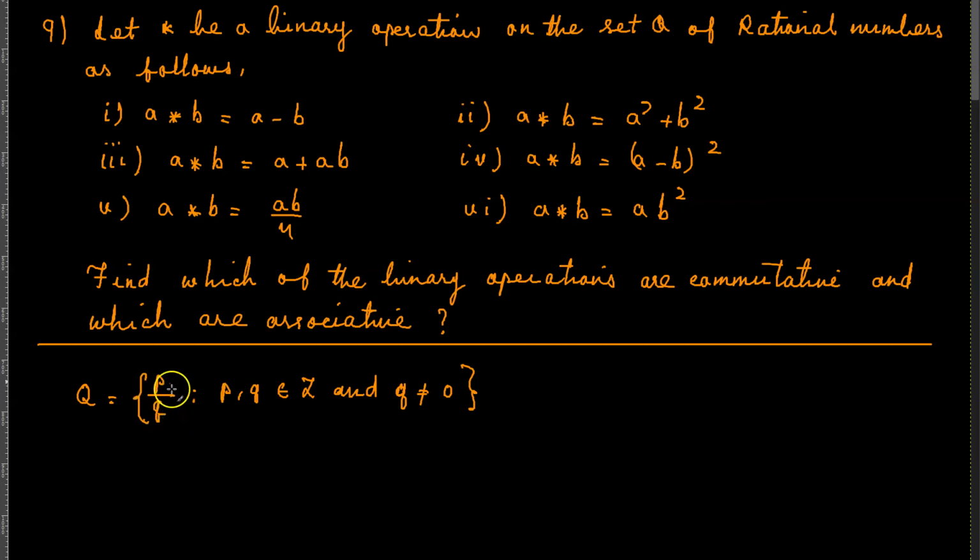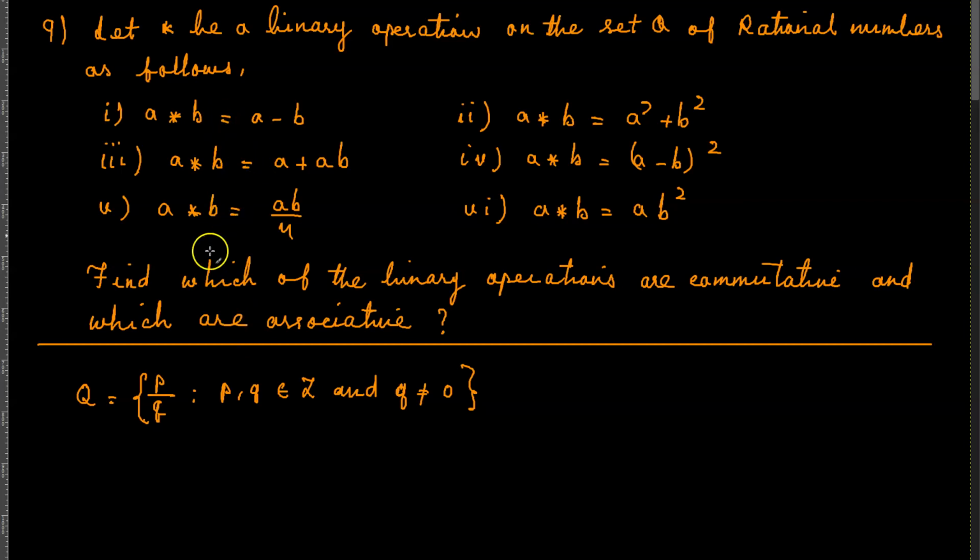Meaning that any number that can be expressed as the ratio of two integers in such a way that the denominator is not 0 can be called a rational number.